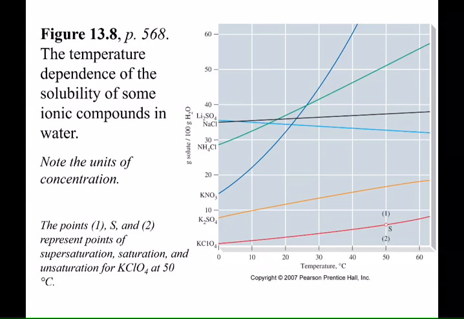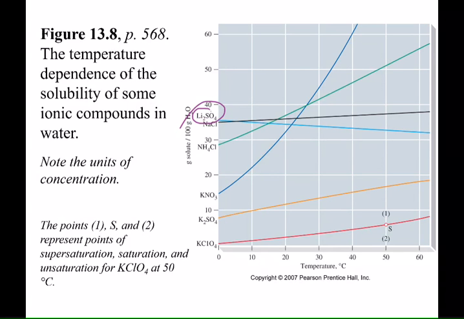Is there any on here that is not the case? As you increase temperature, solubility goes down. Which one? That one. For lithium sulfate, as you increase the temperature, solubility goes down. We're going to take a look behind the scenes at why that is.